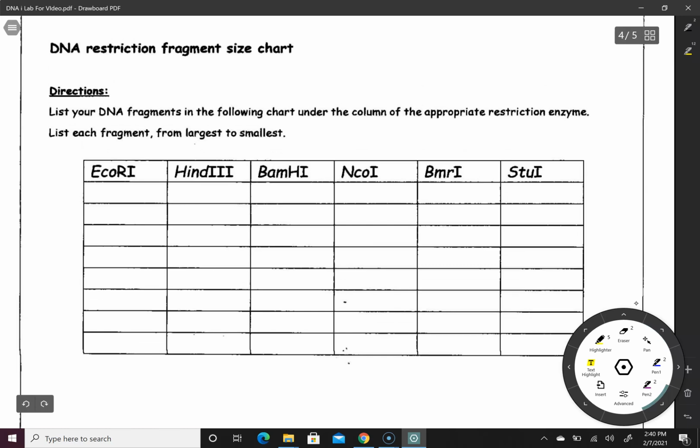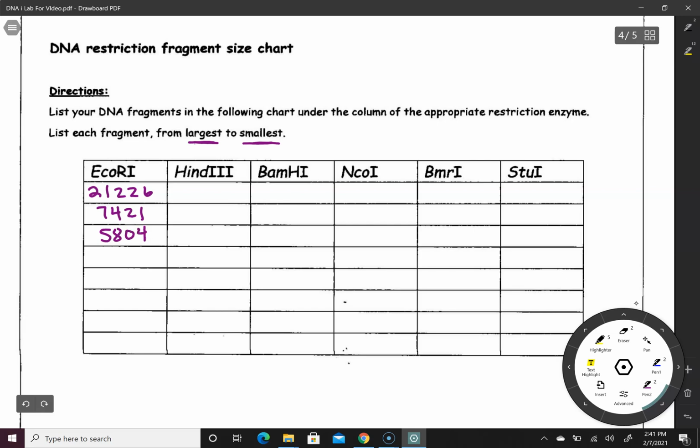You will do it from largest to smallest, just like it would run in a real gel. So in the EcoRI, our largest piece was 21,226. So write that there, 21,226. Then our next largest piece was 7421. Our next largest piece was 5804.